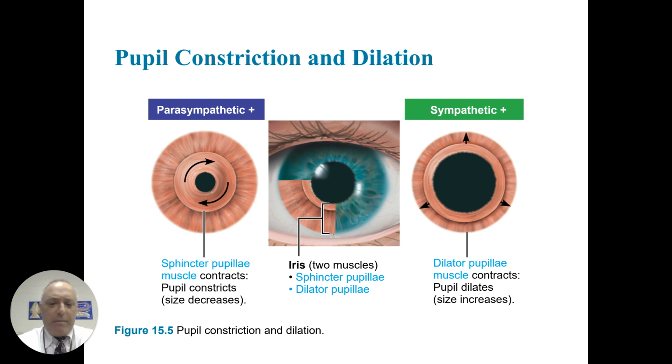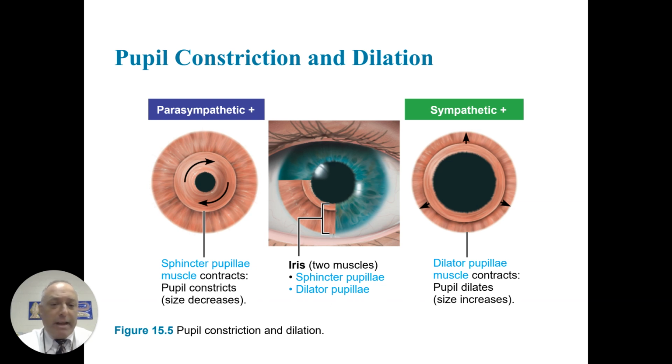Now the second muscle is called the dilator pupillae, and this is activated by the sympathetic system. So regardless of the sphincter pupillae, if the dilator pupillae contracts, you're going to get dilation and increased size of your pupil.